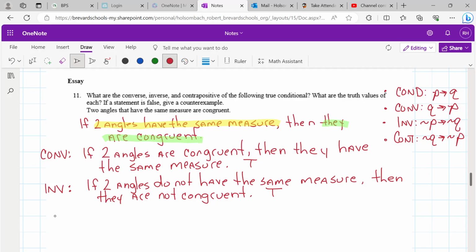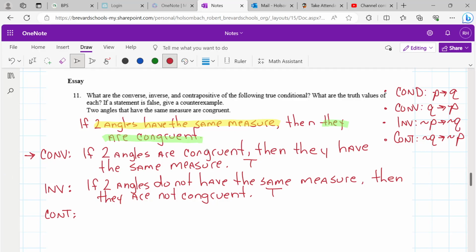All right, and finally our contrapositive. In our contrapositive, we negate the converse. All right, so I'm going to go back to my converse statement, and I'm going to negate it.